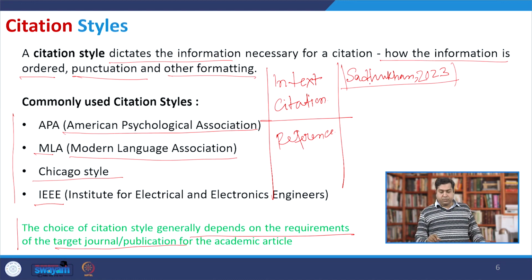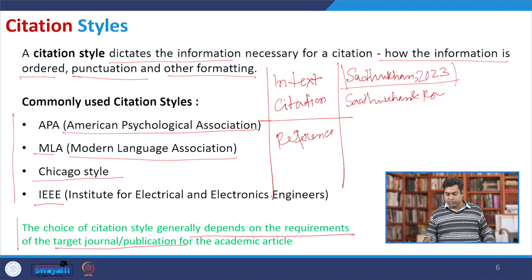Now, suppose with this particular paper there is another author, say A Roy. Then it will be Sadhukhan and Roy 2023.